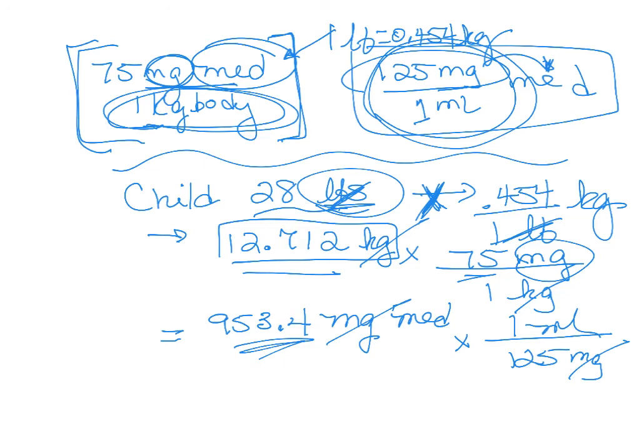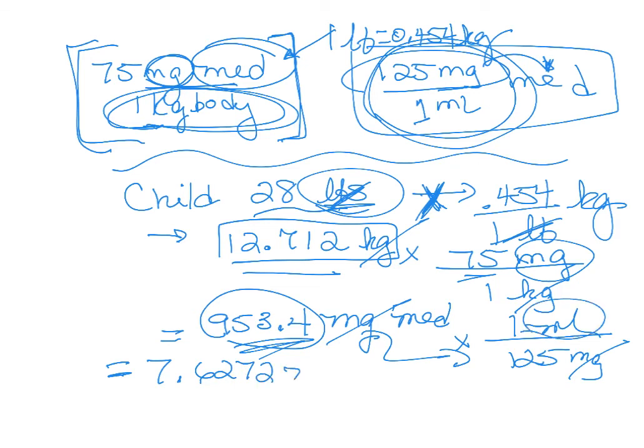Now we end up with 953.4 divided by 125, and that gives us, not paying attention to sig figs yet, 7.6272. The units I have left are milliliters. So this child needs 7.6272 milliliters of that medicine.